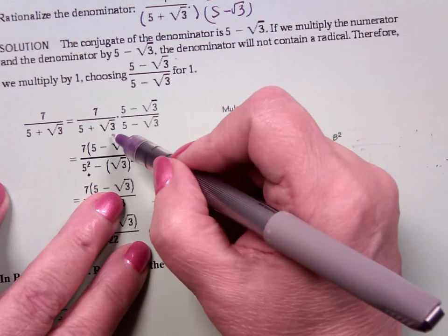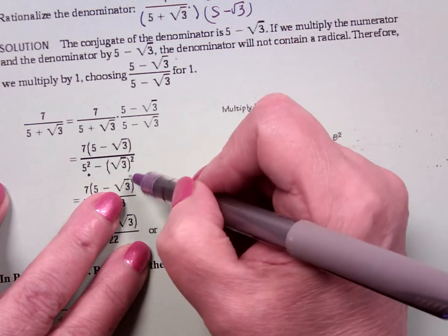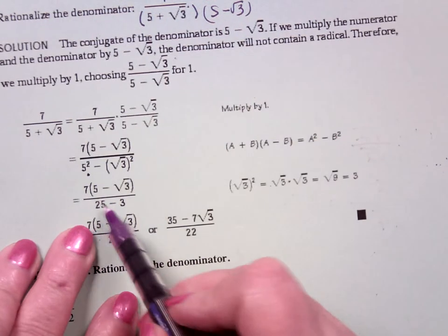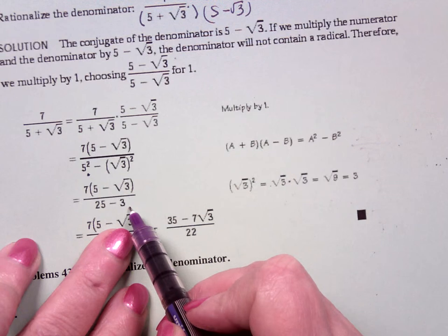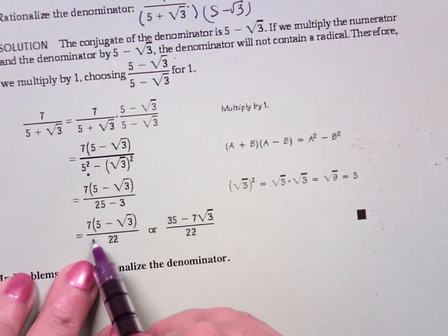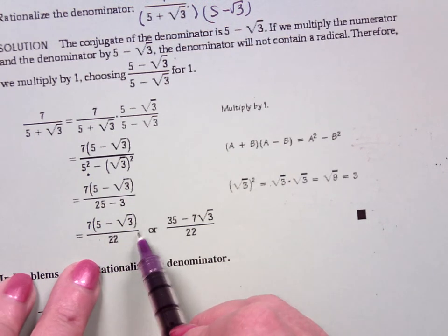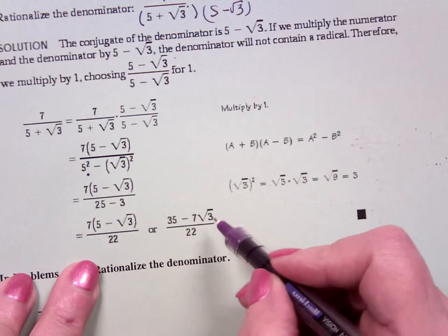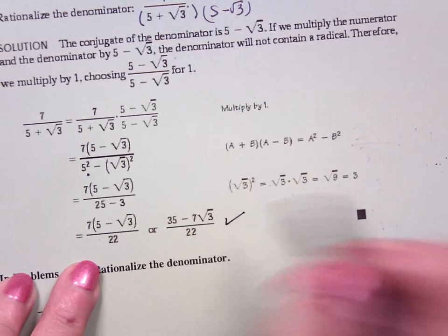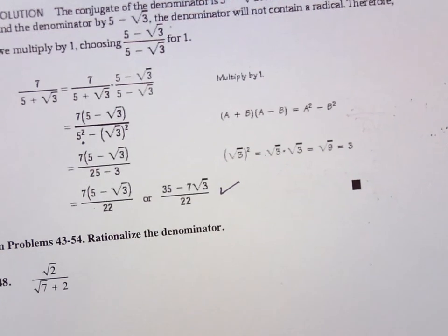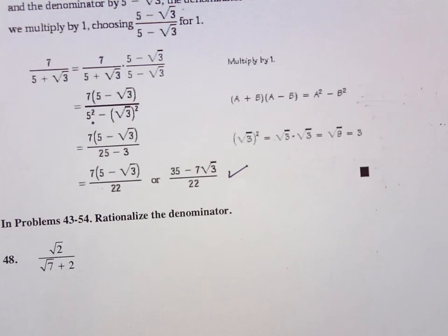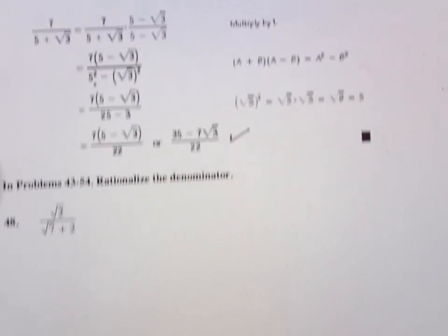And then the square root of 3 times the square root of 3 is the square root of 3 squared. So that you get 25 minus 3. So 7 times 5 minus the square root of 3. You can multiply this through or not as you like. And that's where you're going to end up with the radicals gone from the denominator.